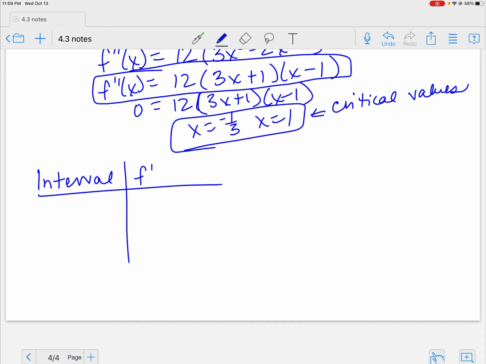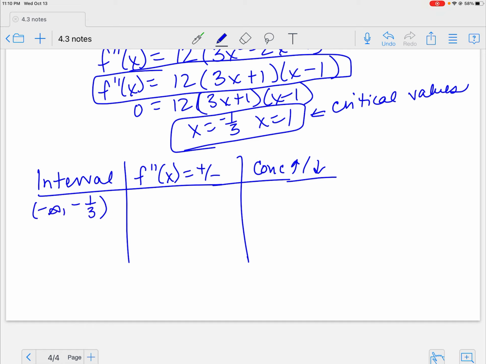But this time, I want to know where my second derivative is either positive or negative, and that tells me, is it concave up or down? And where it changes concavity, that's where you can find that inflection point. So: negative infinity to negative 1/3, negative 1/3 to 1, and from 1 to infinity.